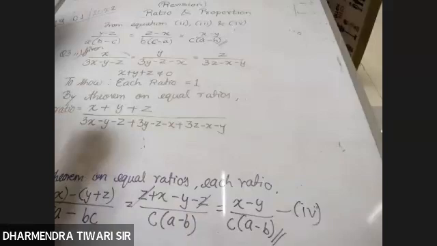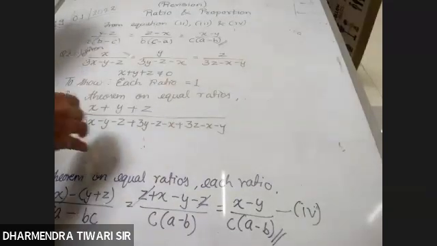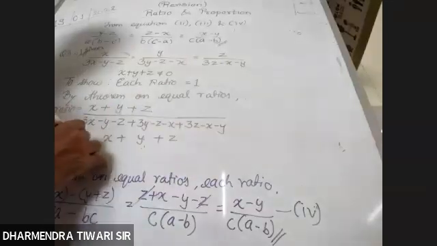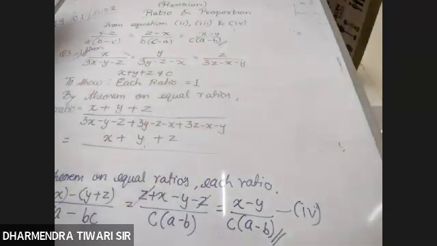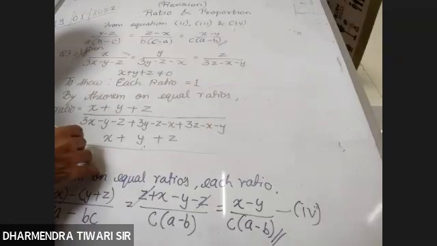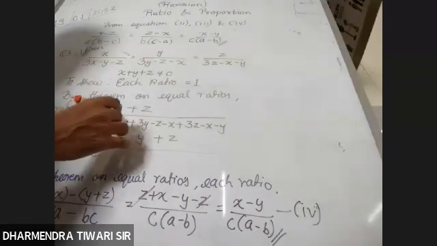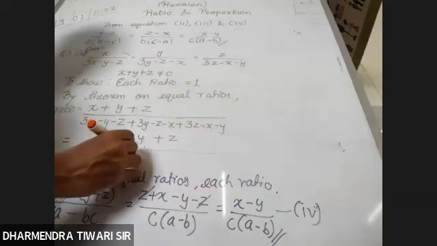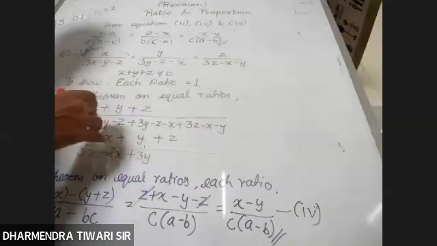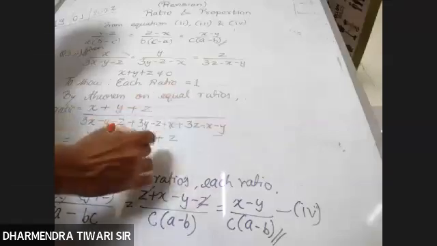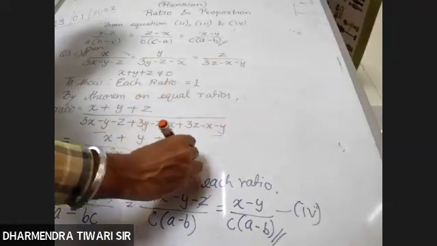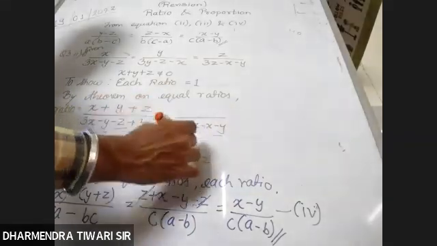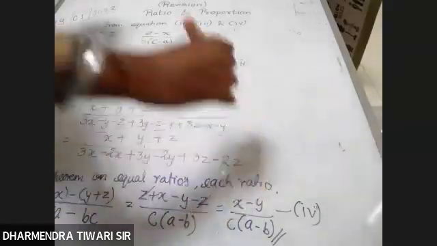So what we need to get here is x plus y plus z divided by 3x, we are having minus x which is minus 2x, plus 3y, we are having minus y, minus y, so minus 2y, 3z, so we are having minus z and minus z, which is minus 2z.